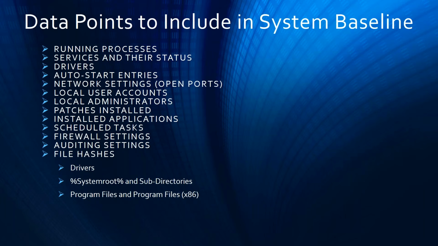Now, from this, understanding auditing settings, this is kind of going back to even group policy in the network. You should understand what group policy is being pushed out to your systems, because that's going to impact the firewall settings. It's going to impact auditing as a whole.